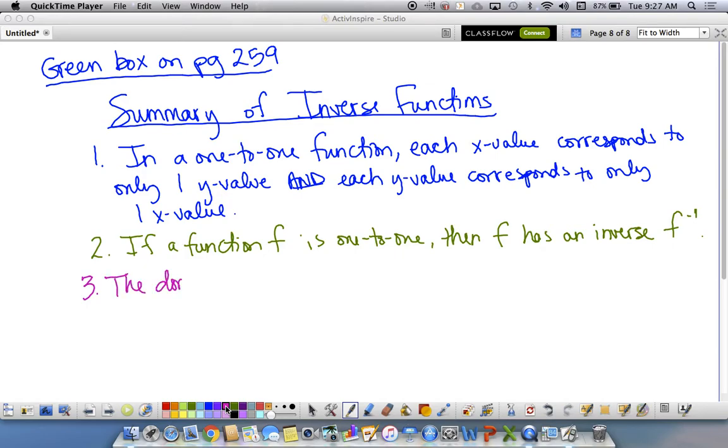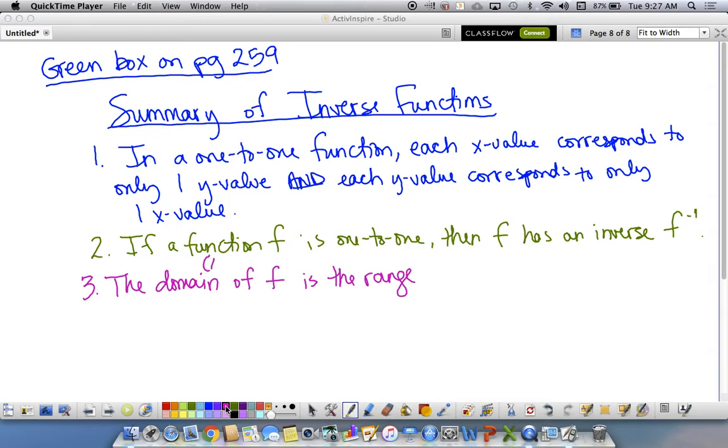Number 3. Now I'm going to change colors every time. The domain. Do you remember the domain? What is the domain again? That's right, all the inputs, all the x's. The domain of f, so the input of f, is the range of f⁻¹, the inverse. What was the range again? That's right, the output or the y's.